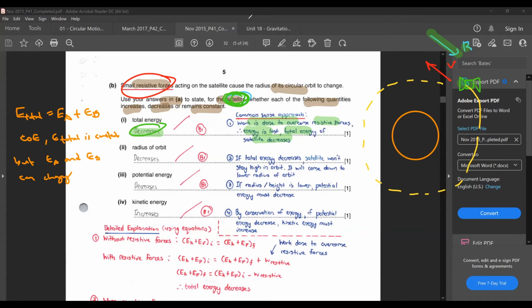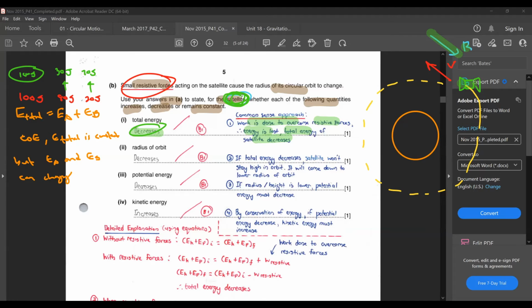Say for example, total energy is 100 joules. Maybe EA is 80 joules and EB is 20 joules. So if EA suddenly drops to, say, 30 joules, EB will increase to 70 joules, so that the total still remains at 100 joules.